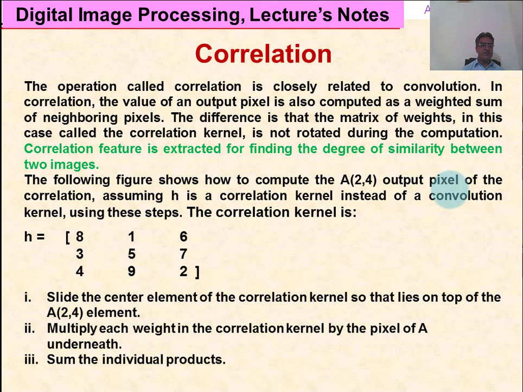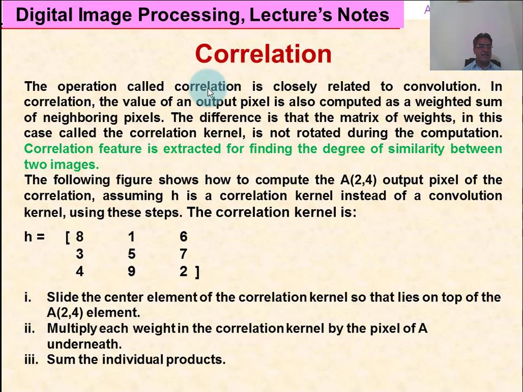The correlation operation is actually the same or a similar operation just like the convolution operation. That is, this kernel is also overlapped.